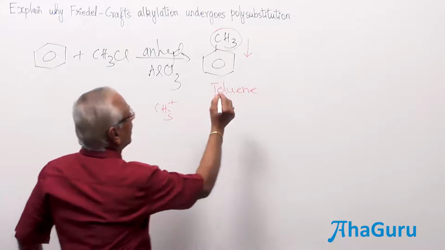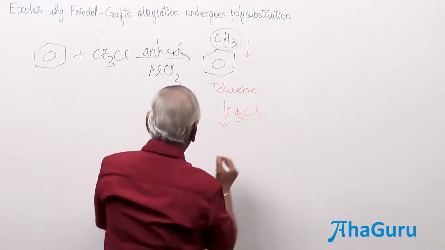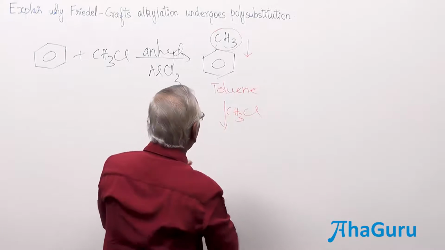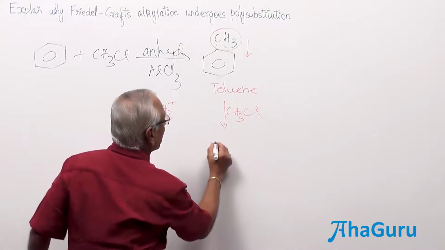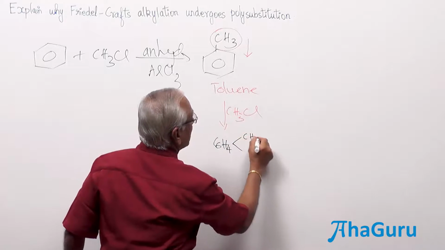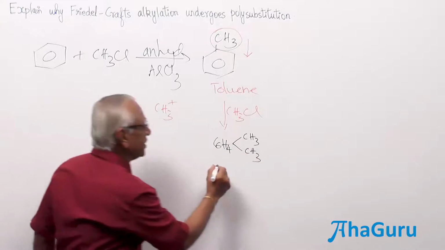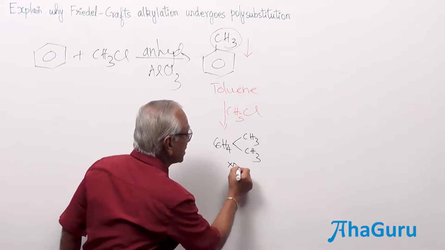So, what happens when toluene is further subjected to methyl chloride in the presence of anhydrous aluminum chloride? The second product is C6H4(CH3)2. This is called dimethyl benzene. Dimethyl benzenes are known as xylenes.